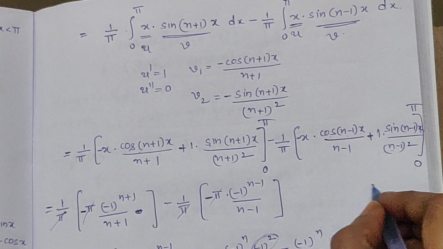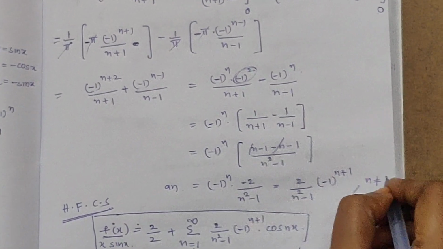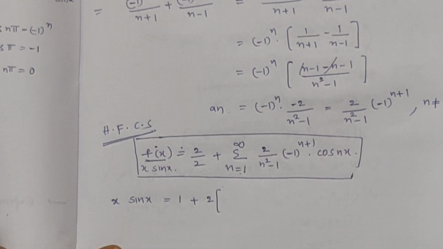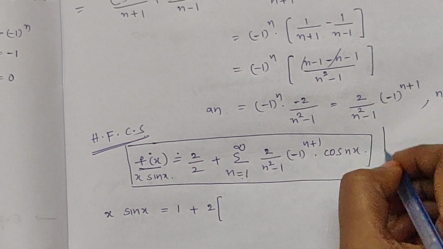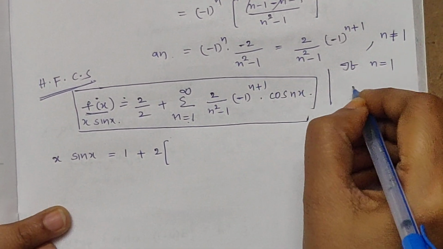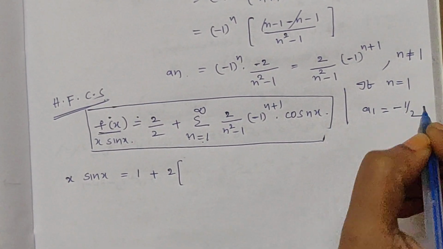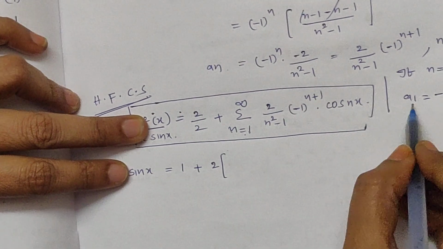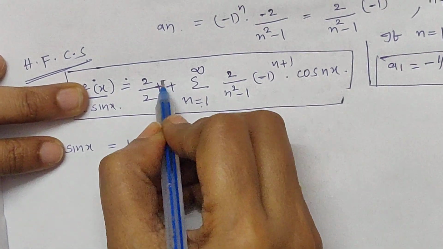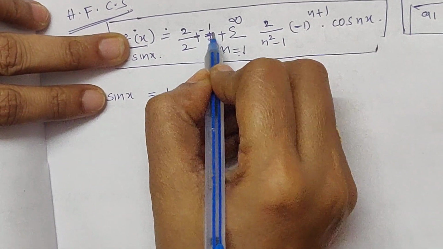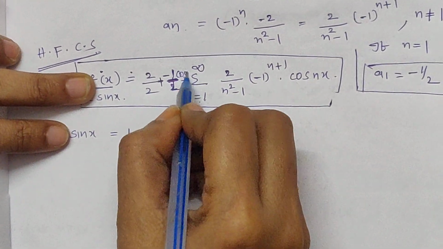That means in particular this is for n not equal to 1. This is the an value for n not equal to 1. We have to determine for n equal to 1 also. If you determine for n equal to 1, you will get a1 equal to minus 1 by 2. So you will get minus 1 by 2 cos x here.